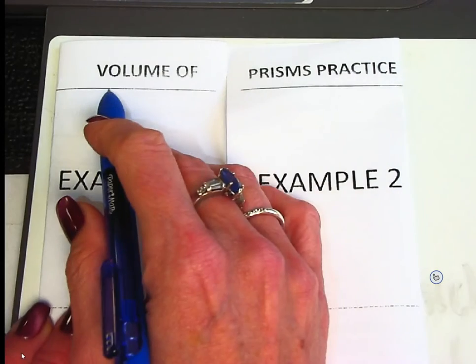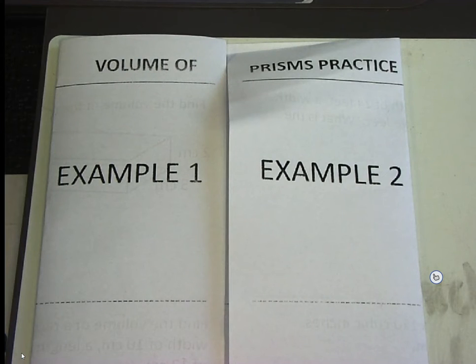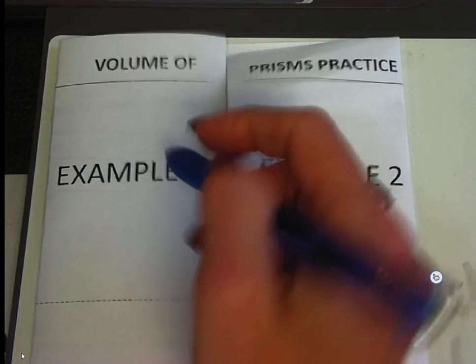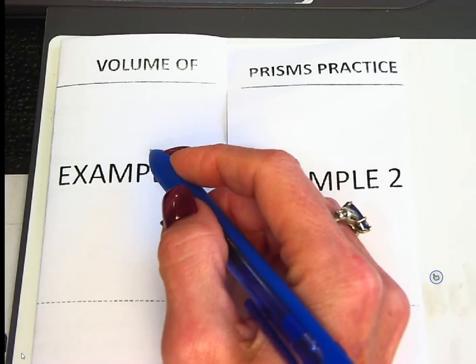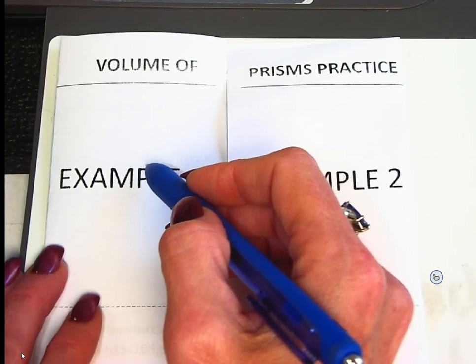Okay, so first of all, let's talk about words for volume. Let's think about how we use volume in everyday life. So what are some words that let us know that it's volume? How do I know it's volume?